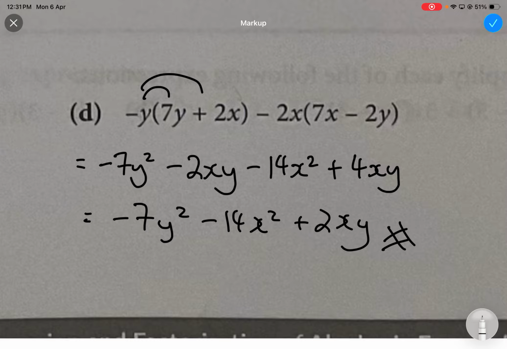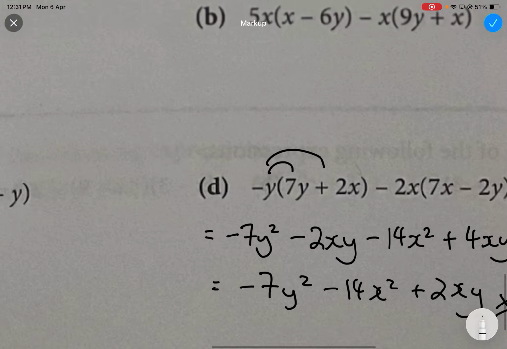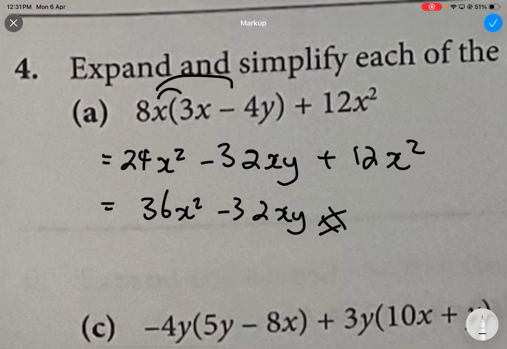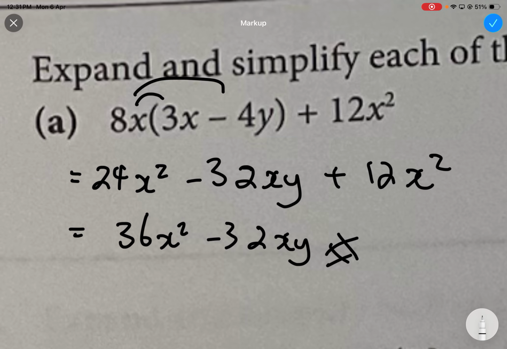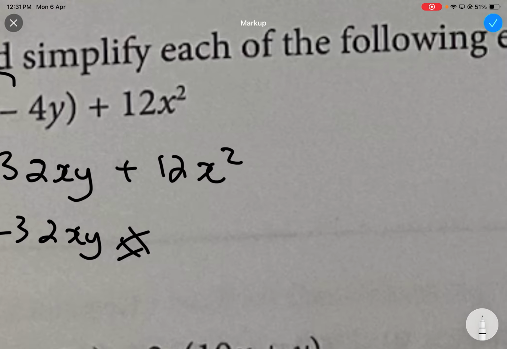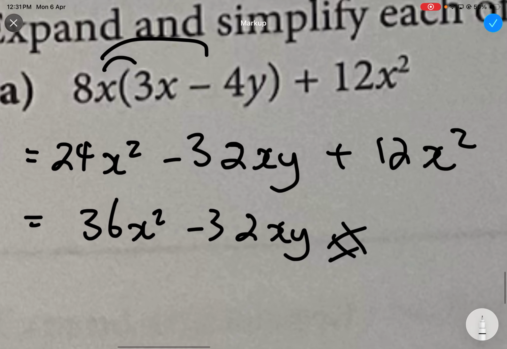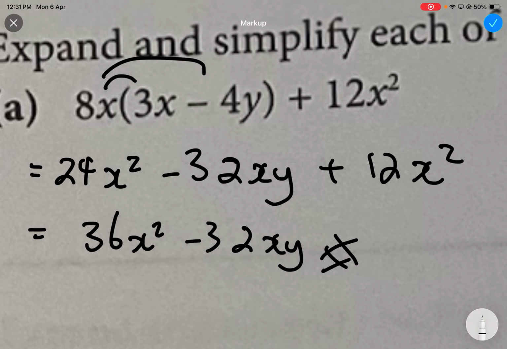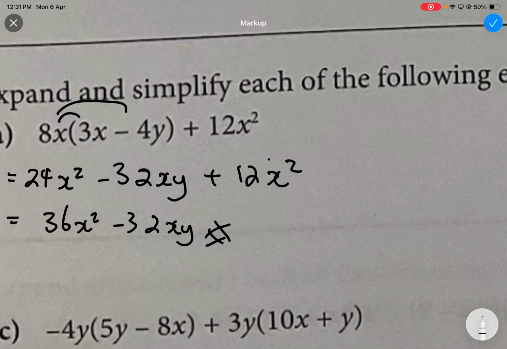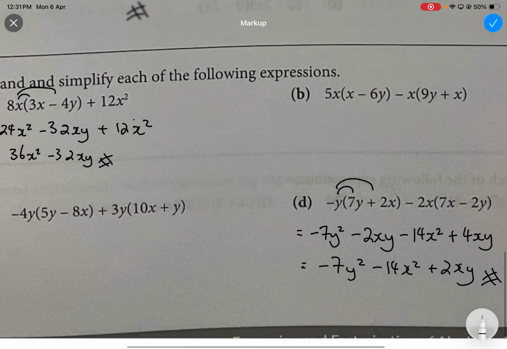Same, wait here, once you have finished, sit down, try B and C. If you don't want to do, you don't need to stay in the class. You can go to the red box. Are you done? Do part B and part C. Try on your own. What do you not know? Lucas, what is your question? Okay, try part B and part C.